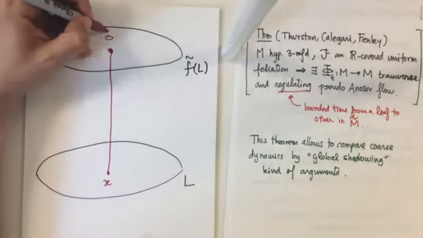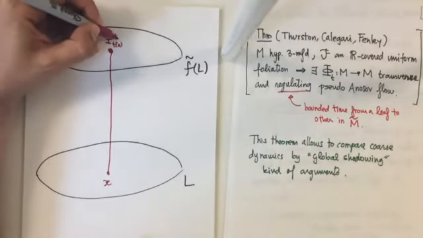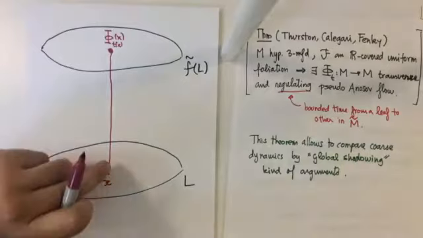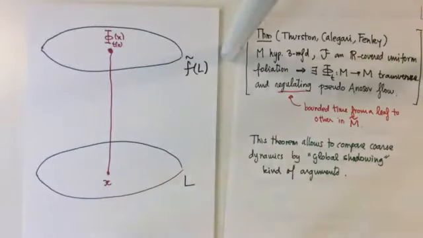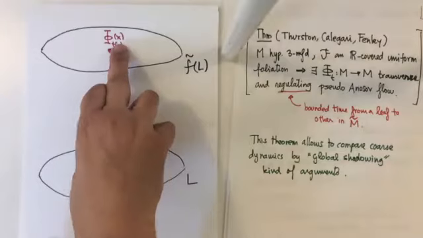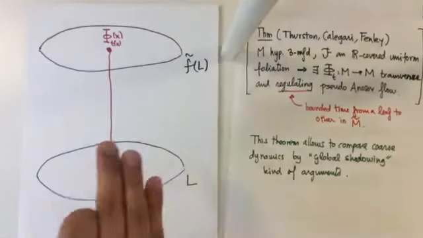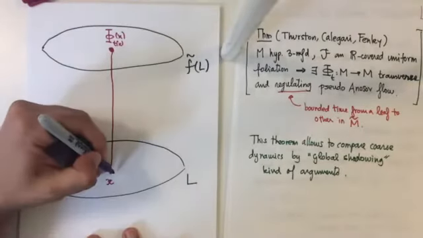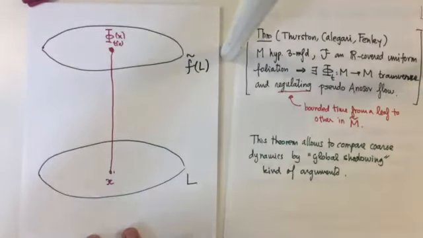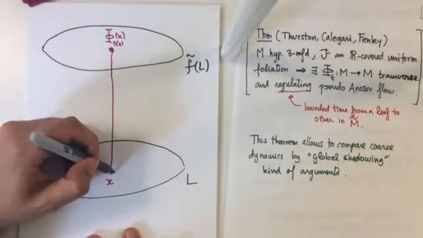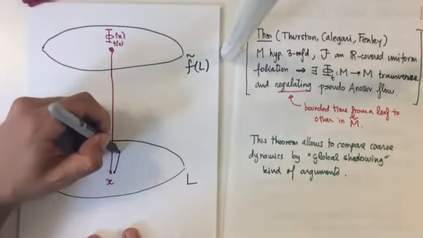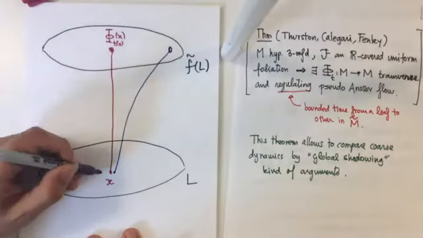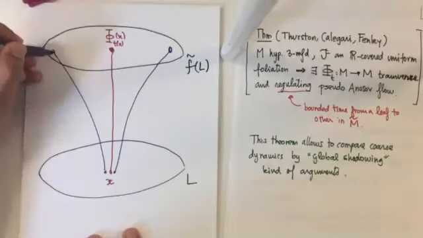So this may be phi T of X. And you push it until you touch this foliation. But it's important that the time you need to go from one leaf to the other is bounded below and above. And then you have other orbits. It's a pseudo-Anosov flow, so you have a stable lamination and an unstable lamination. So you have some points close by here that move over here by the flow.